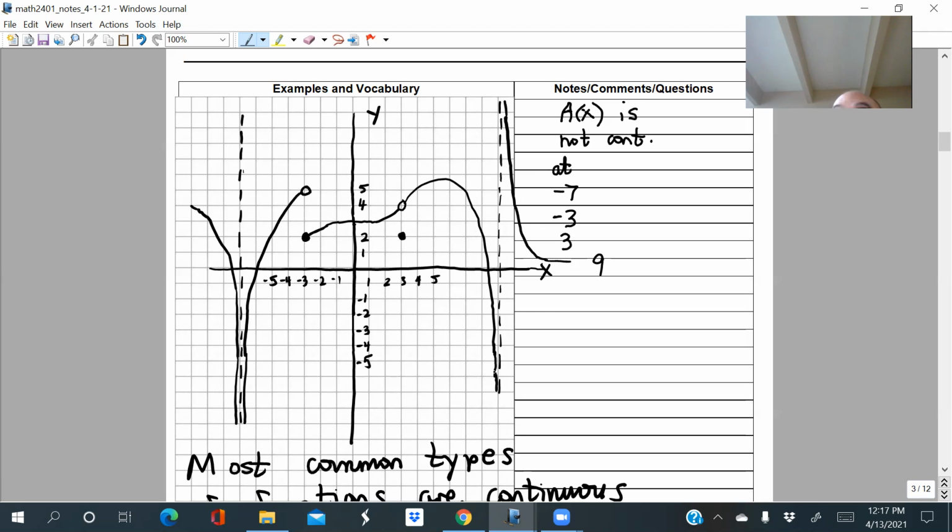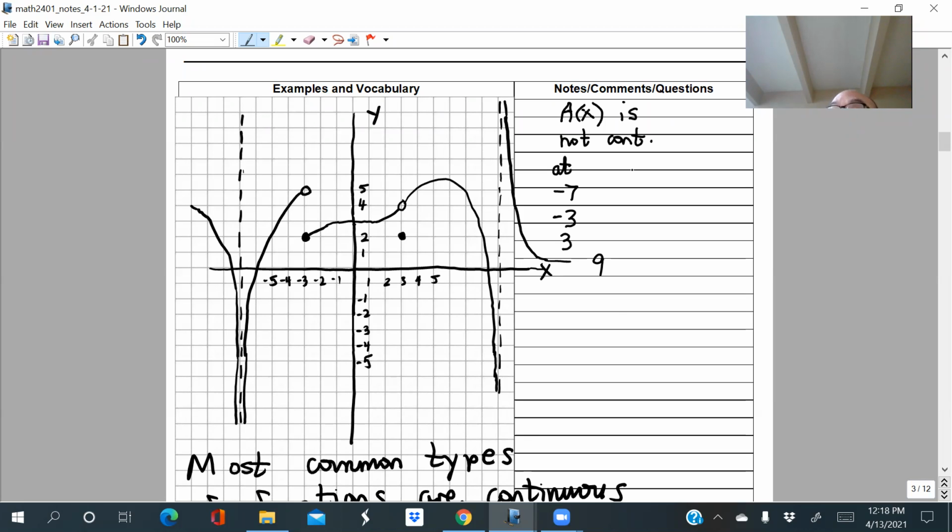So let's go back and just quickly explore from the definition. We can easily see from the graph where it's not continuous. It's not hard to answer that question from looking at the graph. But let's see if we can figure out the formal reason why this function a is not continuous at these numbers.